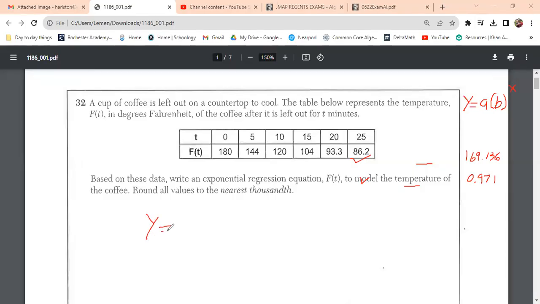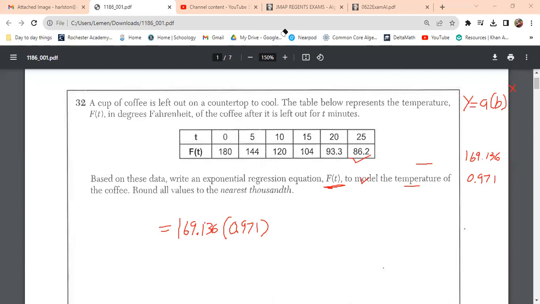It's going to be y equals the initial temperature, according to this, 169.136, and then parentheses 0.971. Oops, not a good one. Let's get that out and do this again. And then we raise it to, oh, by the way, they wanted this as a function, so I have to write it with function notation. Let me fix that. I'm glad I looked at that because I would have missed that.